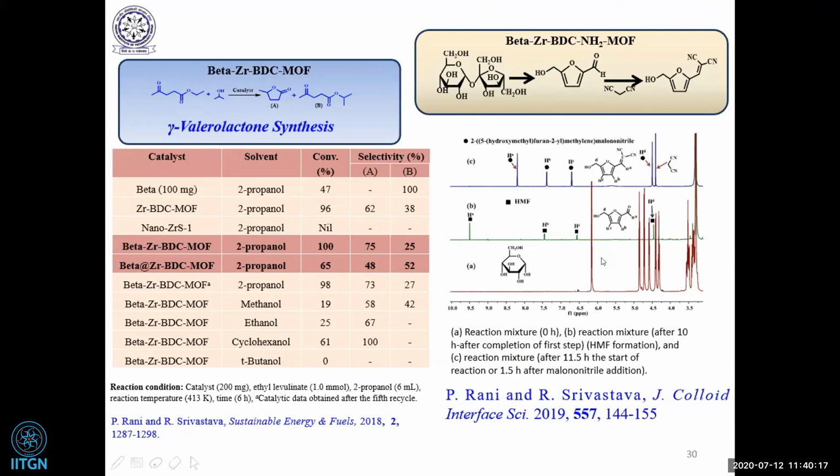It was unstable, but UiO-66-NH2 was stable. So initially we took the glucose, it was transformed to HMF, then HMF converted to this. In one-pot transformation it can be done through this, because beta is very good for transformation from sucrose or glucose to HMF, which is not taking place in the case of UiO-66.